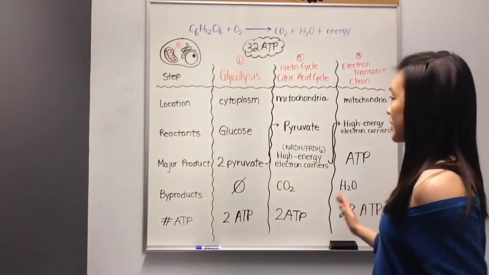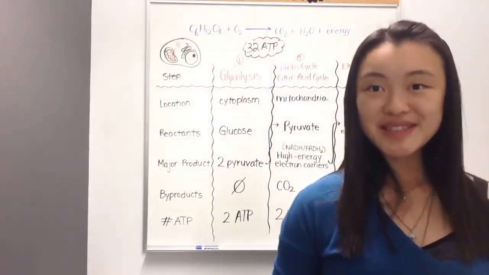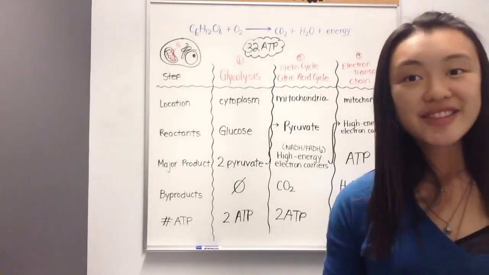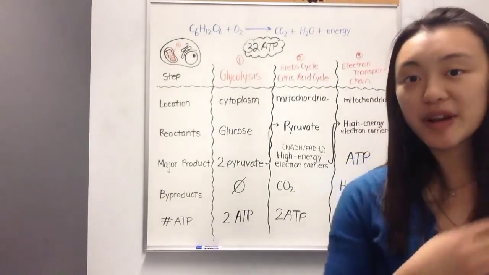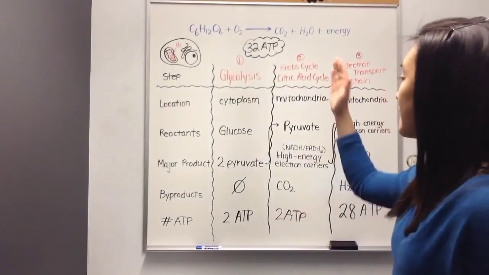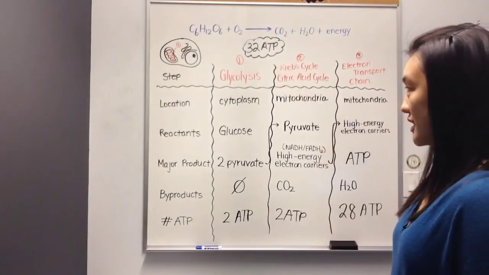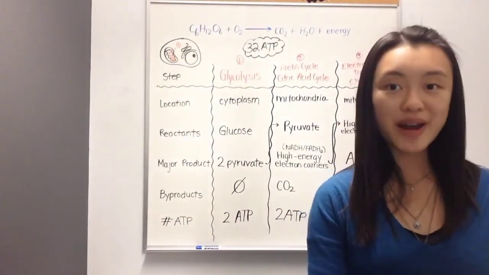Let's do a full recap of cellular respiration. First of all, there's 3 steps. We have glycolysis, the Krebs cycle or the citric acid cycle, followed by step 3, which is the electron transport chain. First, we started in the cytoplasm for glycolysis, where we went from glucose into 2 molecules of pyruvate.